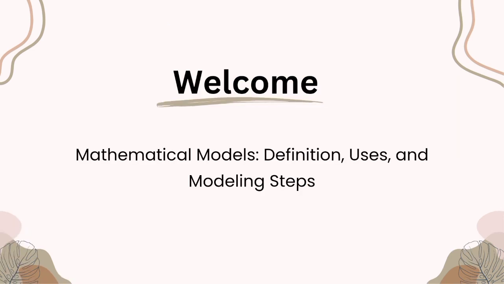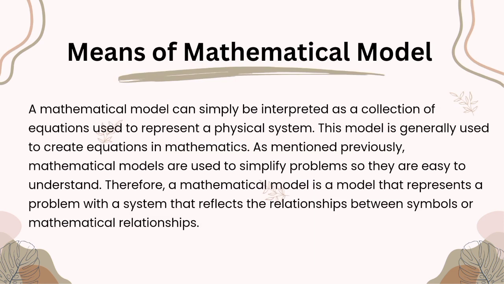So in this material, I want to talk about definition, uses, and modeling steps. The first one I will talk about is the meaning of mathematical model. A mathematical model can simply be interpreted as a collection of equations used to represent a physical system. This model is generally used to create equations in mathematics.